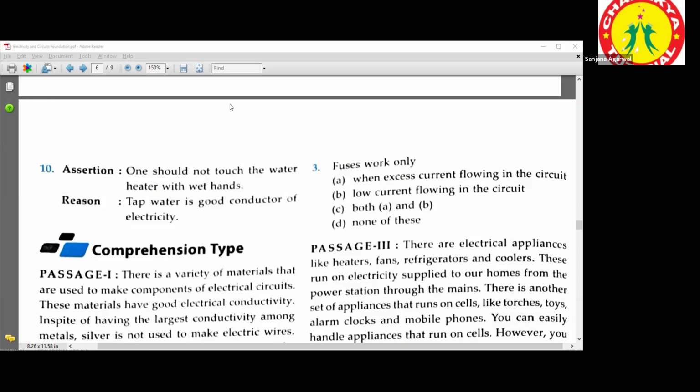The overall resistance becomes low and all the current in the circuit passes through the fuse wire. So it should be: fuses work only when excess current flows in the circuit and not when low current flows in the circuit. So the option should be A for third. Yeah.